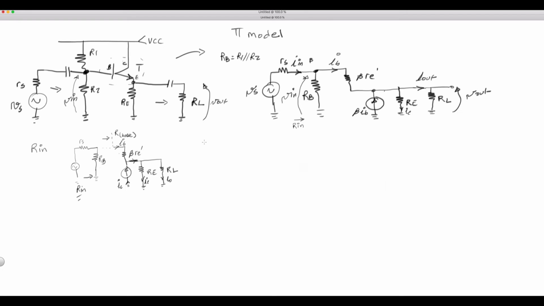So in other words, if I had to draw this again, and here's beta RE prime, we know the voltage drop against it will be this IB times beta RE prime. But how about from this point to ground, from the emitter to ground? What do we see?